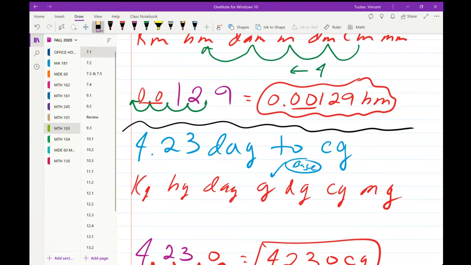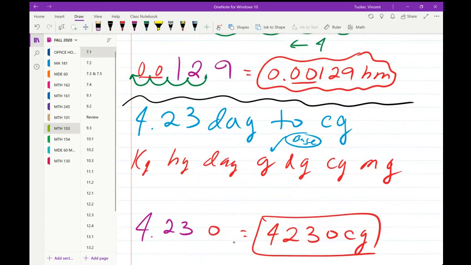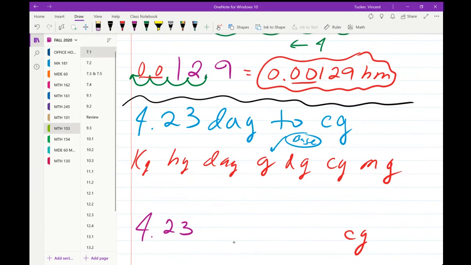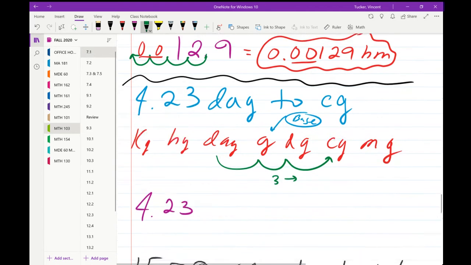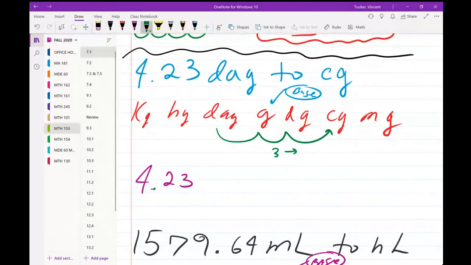So notice our base is G instead of M, and we have all of our prefixes in front of the G. So you start with decagrams and you go 1, 2, 3 to the right. 1, 2, 3 to the right.